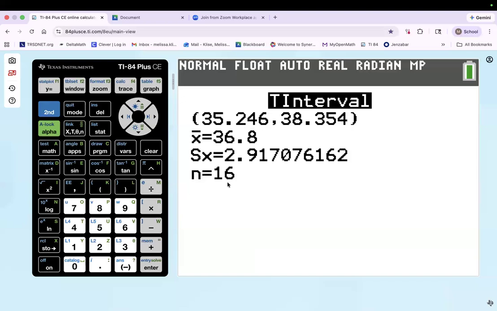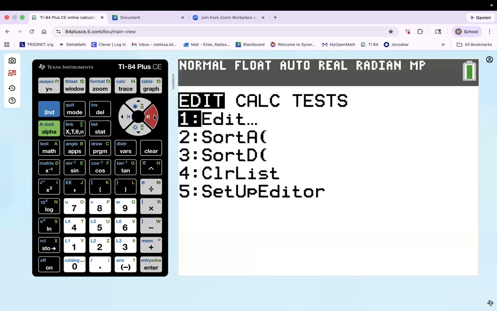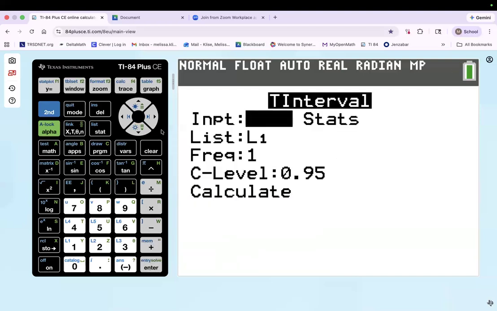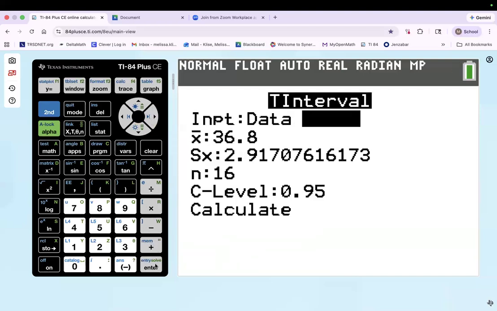Okay, I'm going to show you now how to do it with the other one. I'm going to pop back to the last one that we did with the pennies. So once again, I'm going to go to stat, arrow over to tests, and go down to T interval. It's number 8 on mine. So I'm going to go to stats now and hit enter. Now it will automatically populate the stats from your list if you've already run this once, but that's not what we're using.